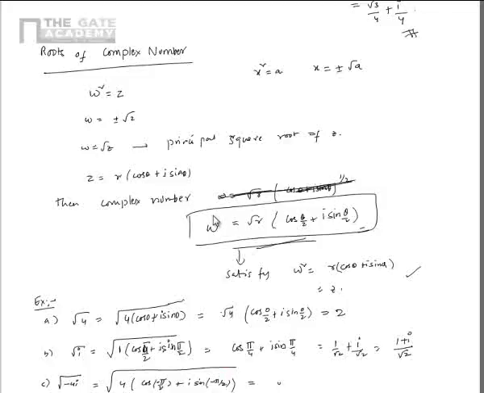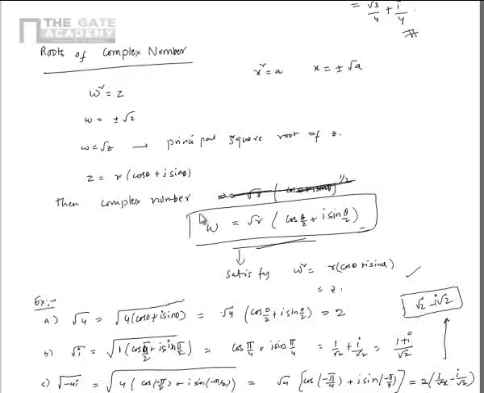So root 4 times (cos(−π/4) + i sin(−π/4)) will be 2 times (1/√2 − i/√2). So this becomes √2 − i√2. This is the square root of −4i.